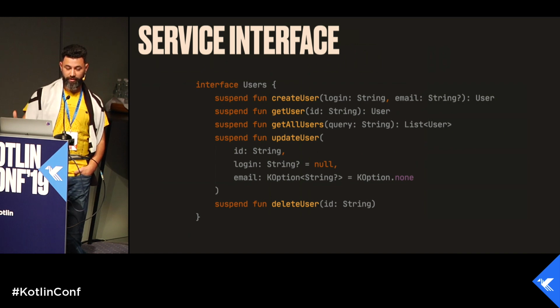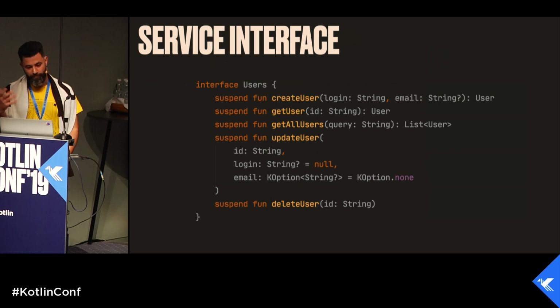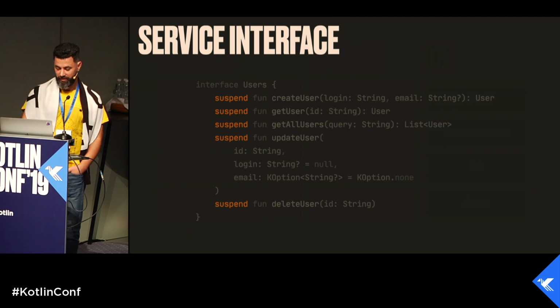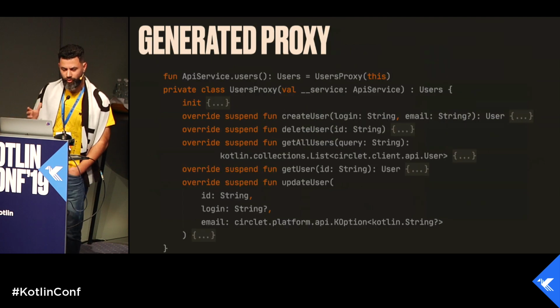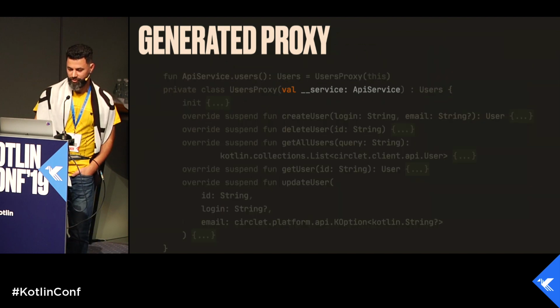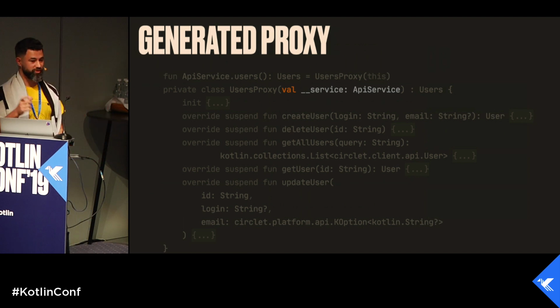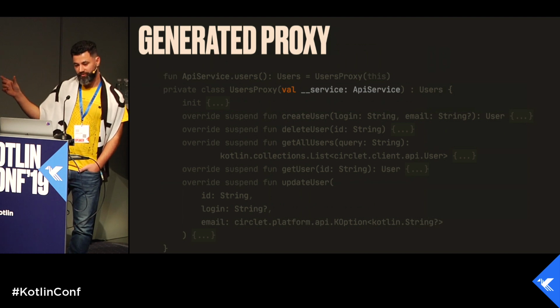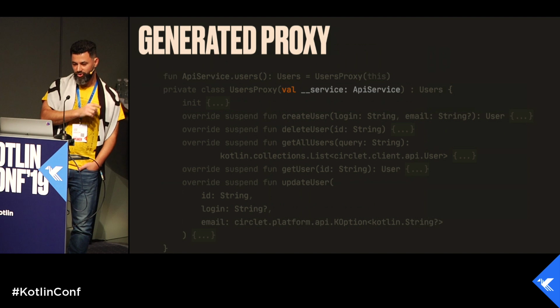Then we define an interface which has all its methods suspended, so it's asynchronous. We wrote a generator that generates a proxy to be used on the client side, and you see that this proxy accepts an API service. It's actually just a data class that contains information about the endpoint where the Space server lives and some authentication.